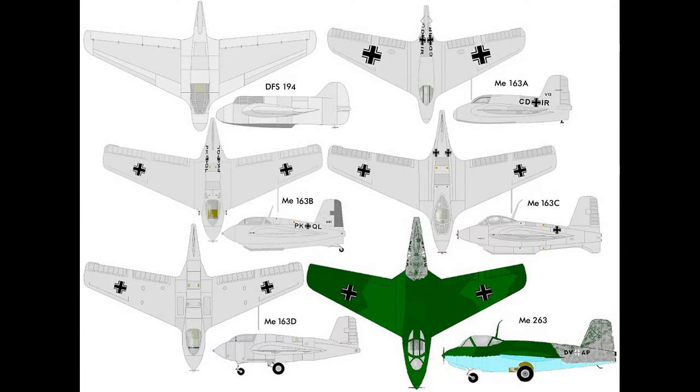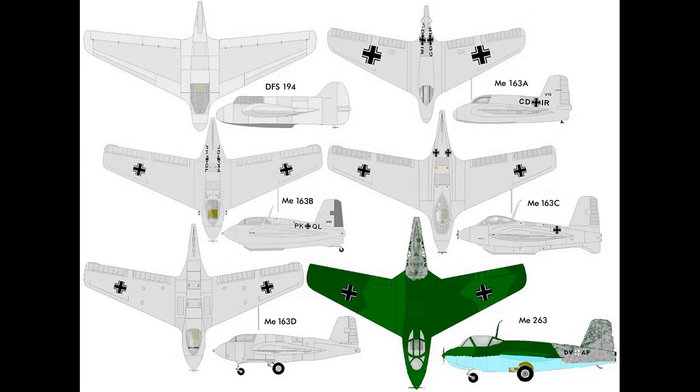Let's look at some of the planes which were related to the 163. First, have a look at the 263. It only flew in glider form, but was pretty interesting. Now, the early rocket engines, the early rocket fighters, the DFS-194 and Me-163A, which developed out of it, have rocket engines that were simply on-off, no thrust control.